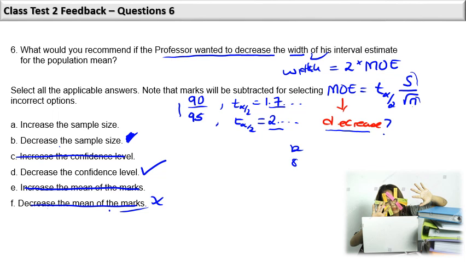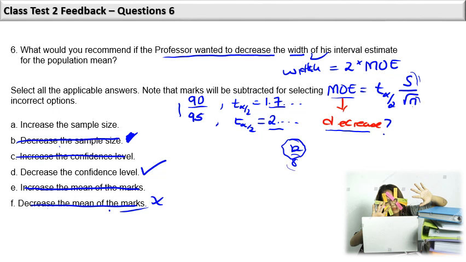And you will agree with me mathematically, if I divide by a smaller number, the number remains a bit big. But if I divide by a larger number, the number gets smaller. So you will agree with me that decreasing the sample size will inflate the margin of error.